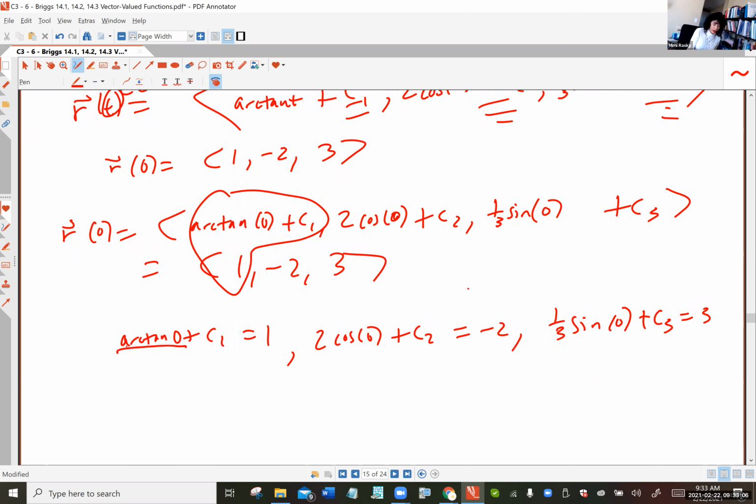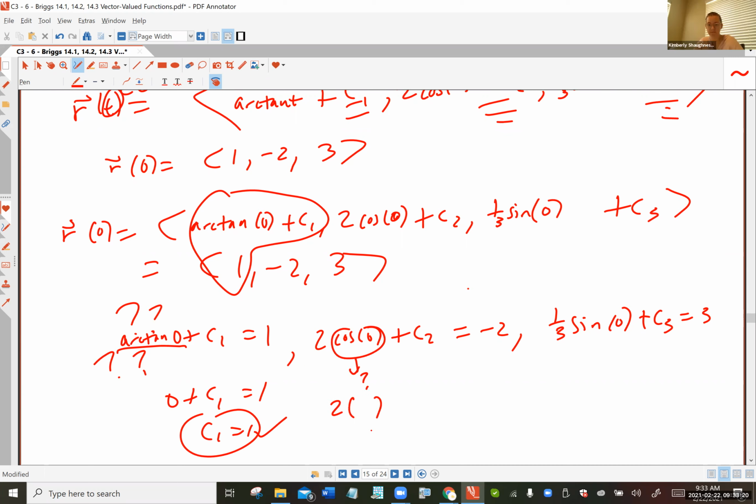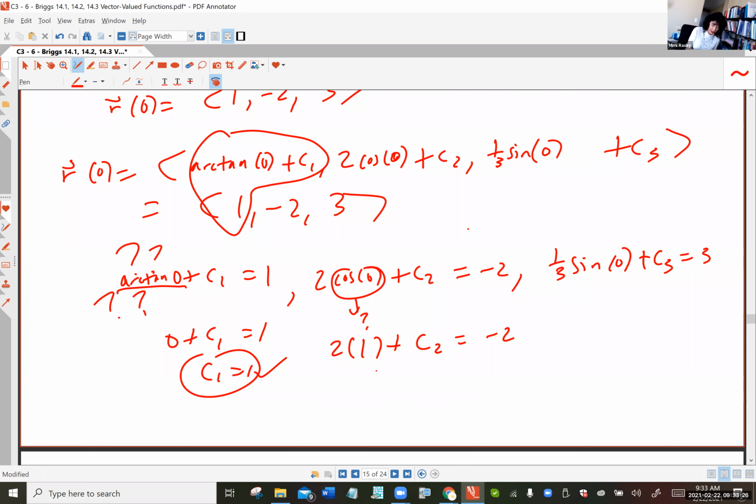Does anybody know what arctan of 0 is? 0. So 0 plus C1 is equal to 1, so that means we got our C1. Check. What about cosine 0? What's that equal to? 1. So 2 times 1 plus C2 has to be equal to -2. If I subtract 2 from both sides, I get C2 is equal to -4.